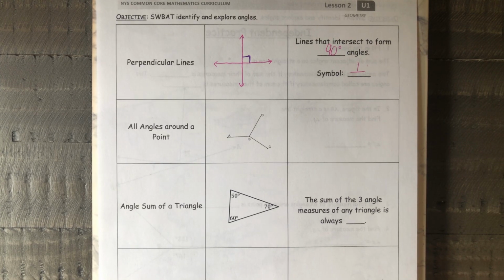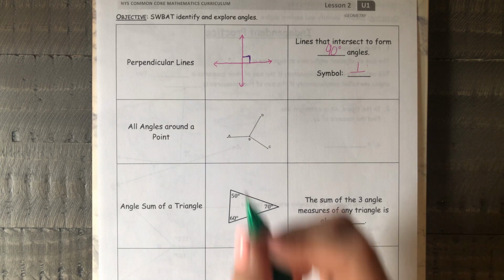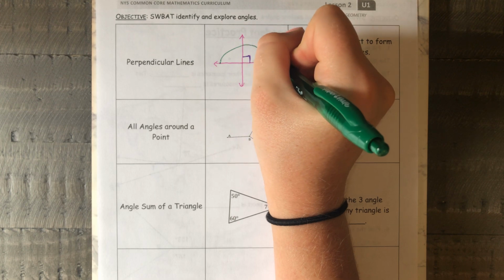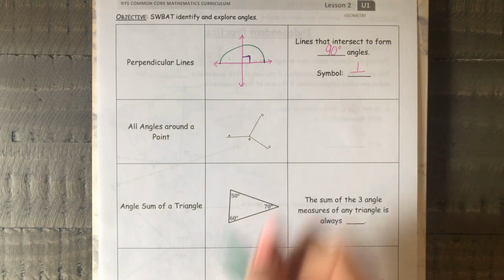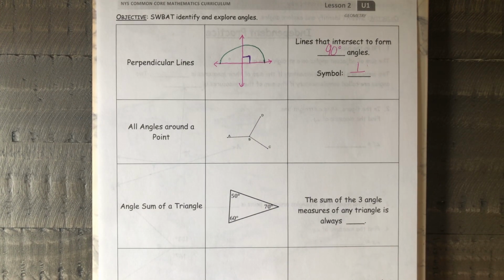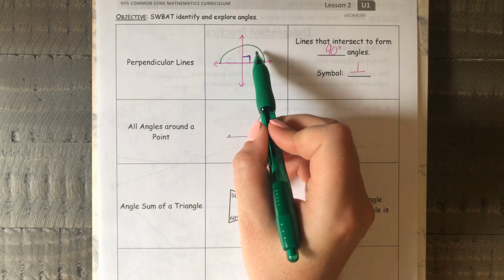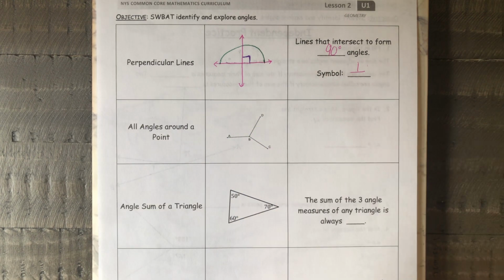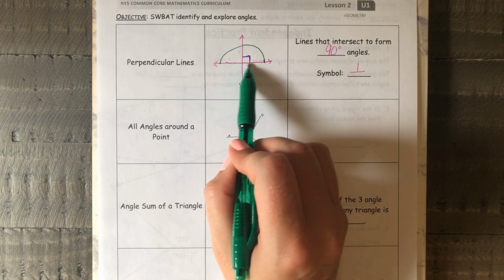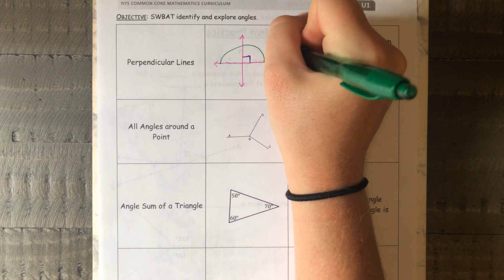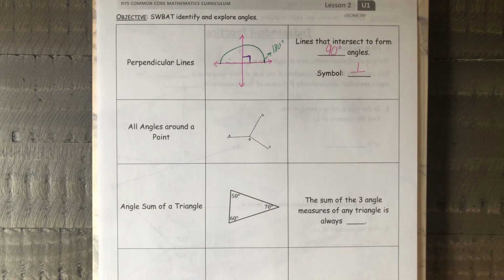Okay. And then just as a quick review, I'm seeing a straight line here. I'm moving from the left all the way over to the right. So how many angles am I hitting? It looks like I'm hitting 1, 2 angles. If I know that there's 180 degrees in a straight line, this line should make up 180 degrees.